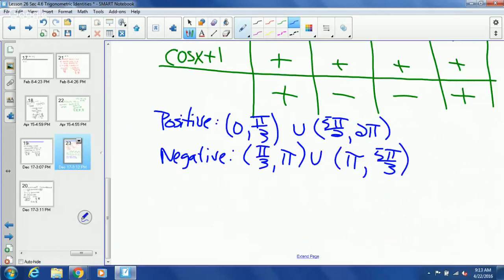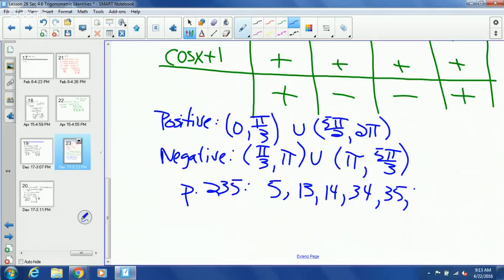It is on page 235 in your books, and you're going to do numbers 5, 13, 14, 35, 38, 39, 41, 42. If you start now, you can probably get about 4 of those done.